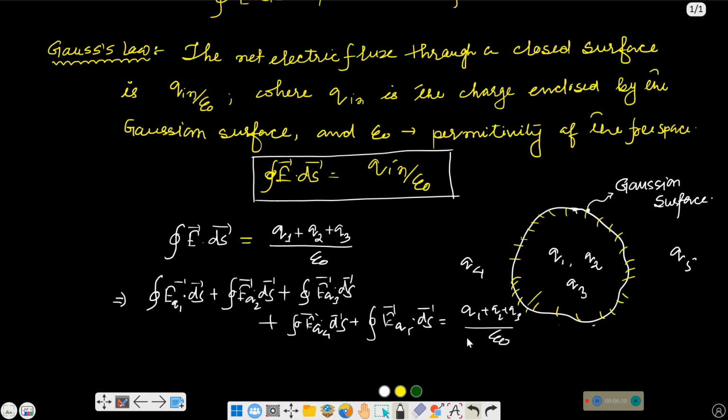It means, according to Gauss's law, the electric field that we calculate is due to all the charges present inside and outside the Gaussian surface.